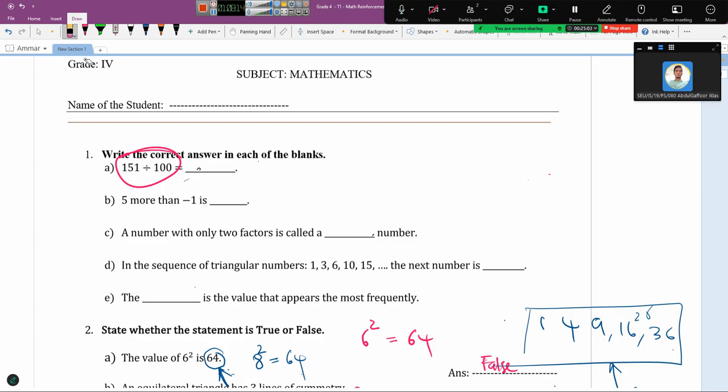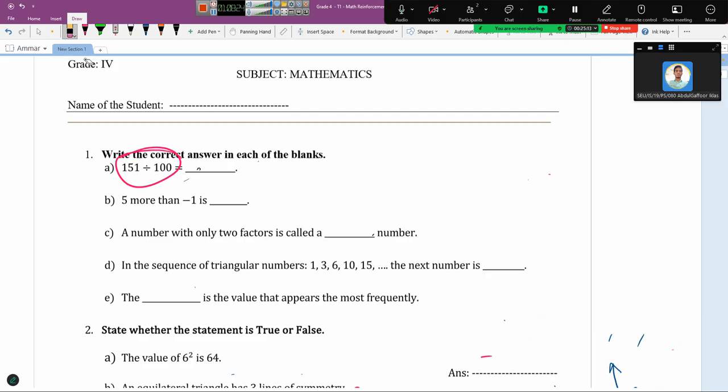Yeah, you moved the decimal point 2 digits forward. Okay. So now here we have the decimal, and if you want to divide it by 100, you just move these 2 digits forward, and the answer was 1.51.